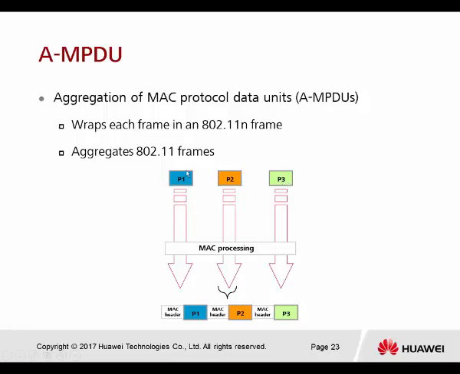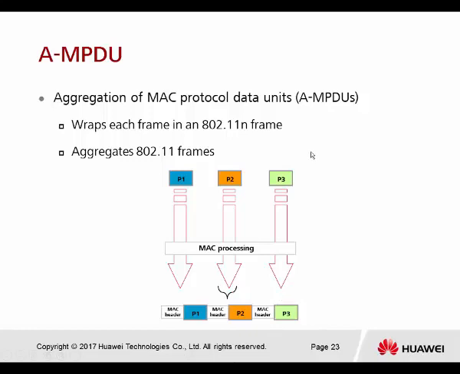MPDU allows us to aggregate these 3 different services together. You attach a different header to each packet to separate their traffic. So they'll know the first MAC header is used by packet number 1, the second MAC header is for packet number 2, and this one is for packet number 3. Of course, this frame is still delivered to the same PC, the same STA, but with different services.